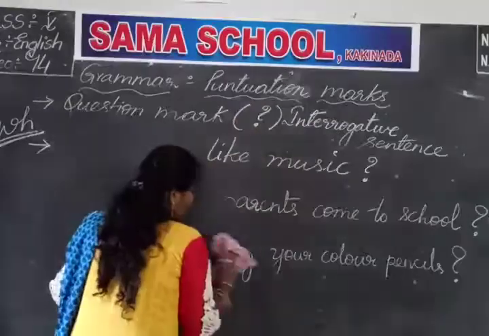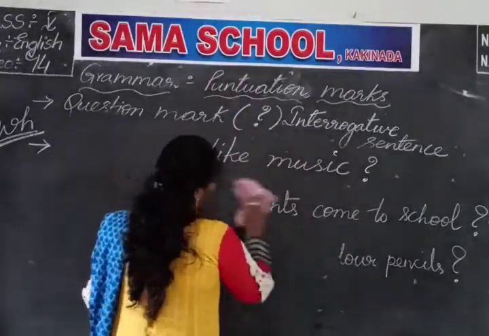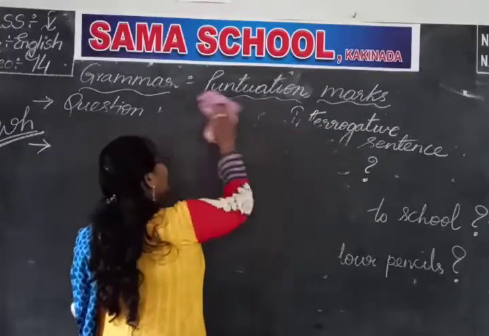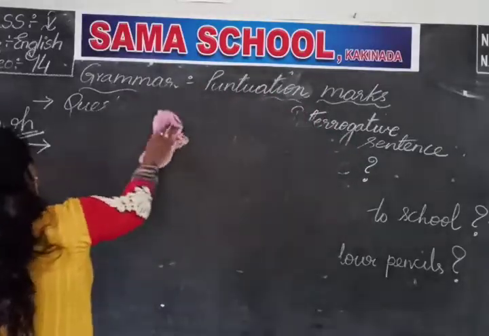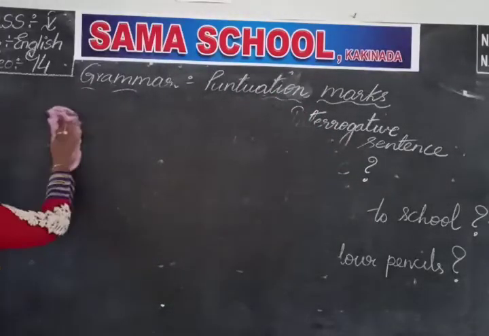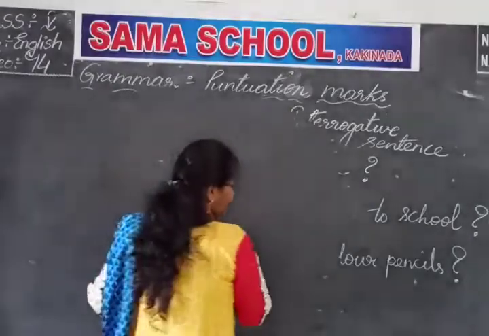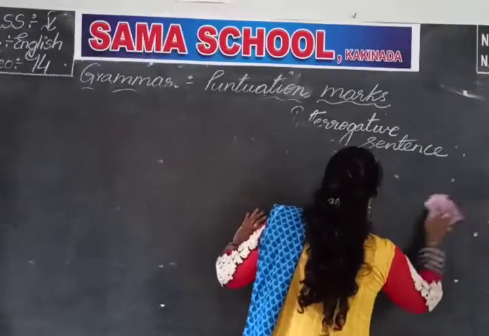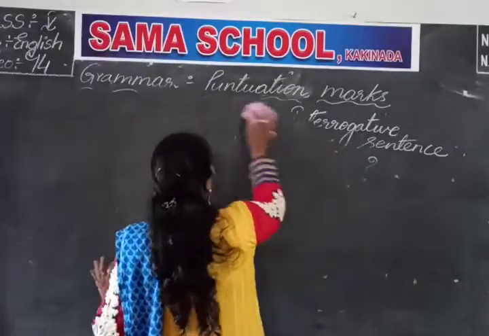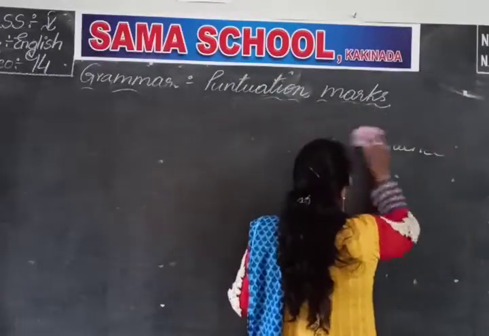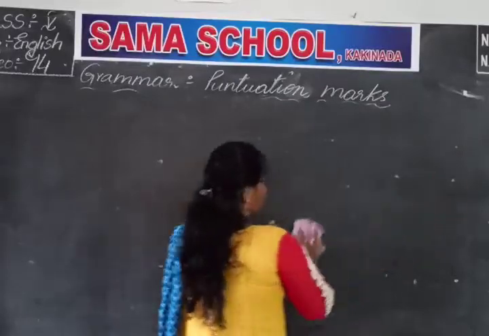Clear, children? So interrogative is done, next imperative and exclamatory sentence. Declarative sentence is clear for all of you. Next, coming to the next one. What is the next one?